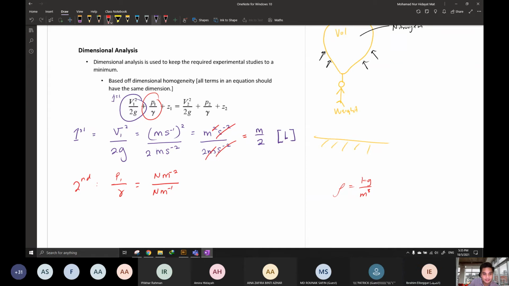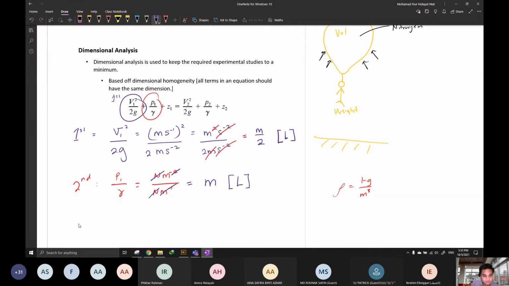Now try to cancel out Newton and meter squared, and you will find that you get meter, which is the dimension L. Can you see the same dimension, L and L?